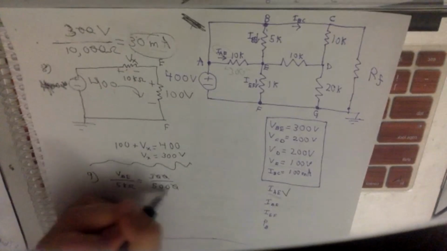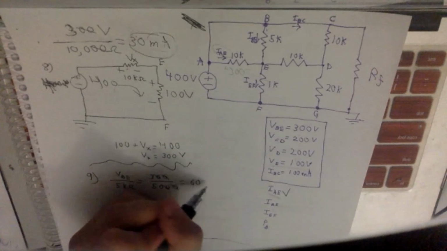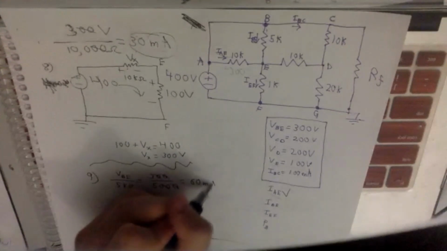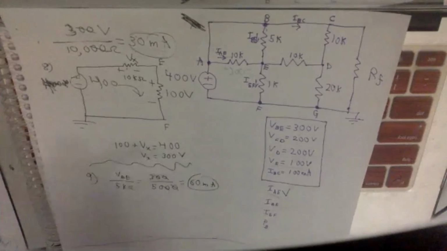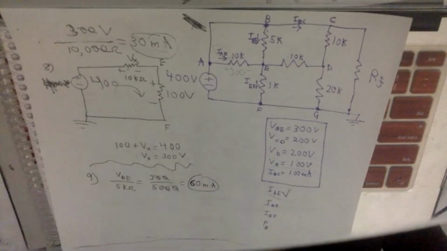It's going to equal 60 milliamps. Sixes are hard in reverse.